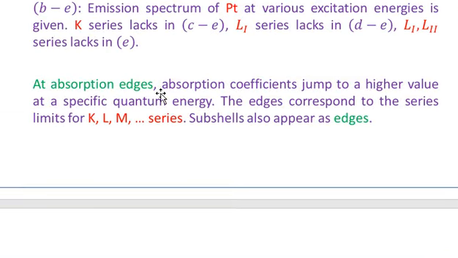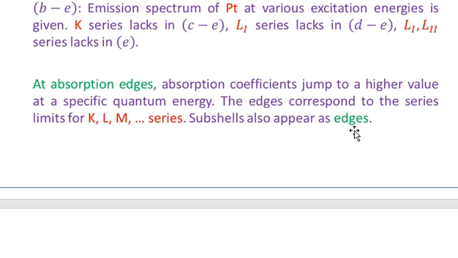So you see that at absorption edges, absorption coefficients jump to a higher value at a specific quantum energy. The edges correspond to the series limits for K, L, M series, etc.